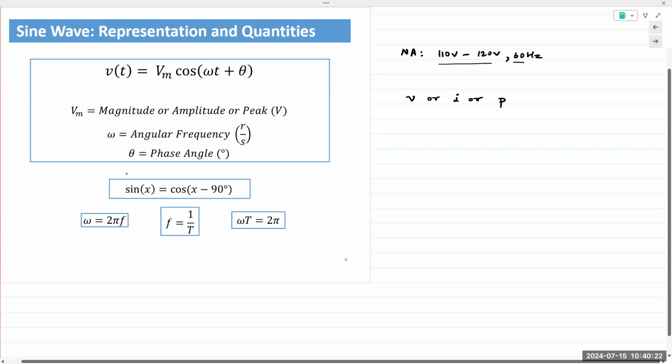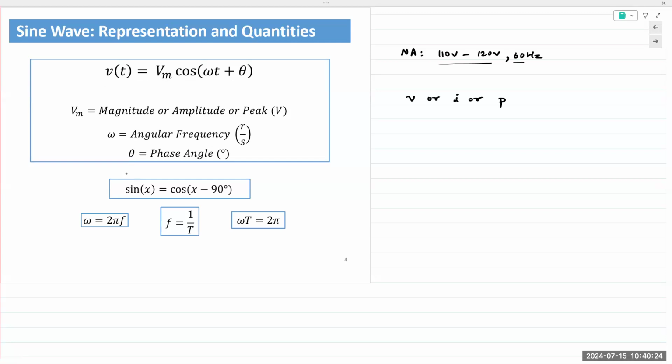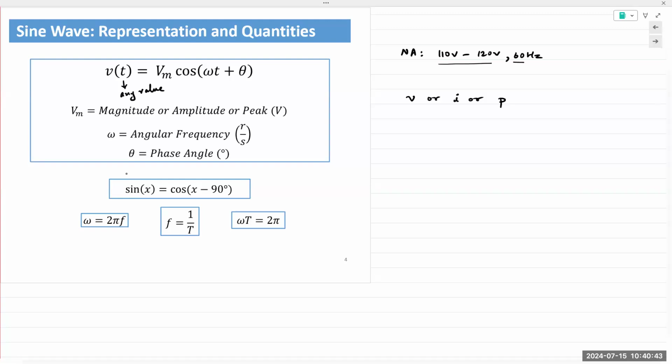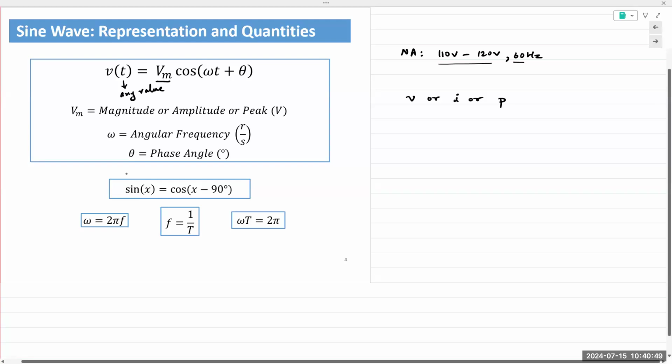So V of t, I of t, at any given point in time, t can take on any value: 0, 1, 2, 3, or 0, 0.1, 0.2, 0.3, any value. And this equation would describe the value of the voltage or the current at that point in time. Does that make sense? V of t is given by Vm cos of omega t plus theta.